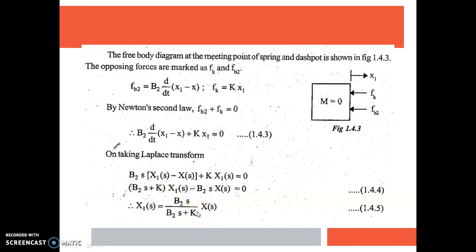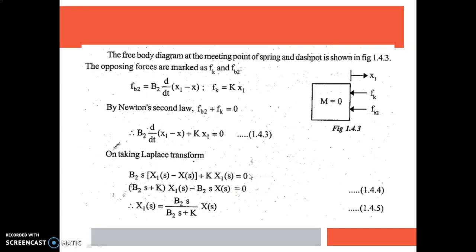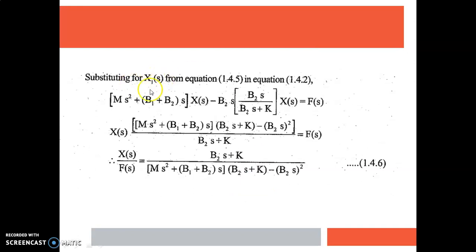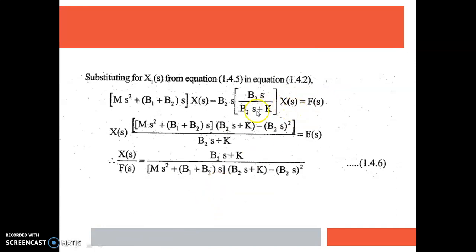So now what will we do? You can substitute x1 of s in the previous equation. So in this equation, we can substitute for x1 of s. So: m s square plus b1 plus b2 into s into x of s, minus b2s into, instead of x1 of s, you substitute this expression. Now you open the brackets.